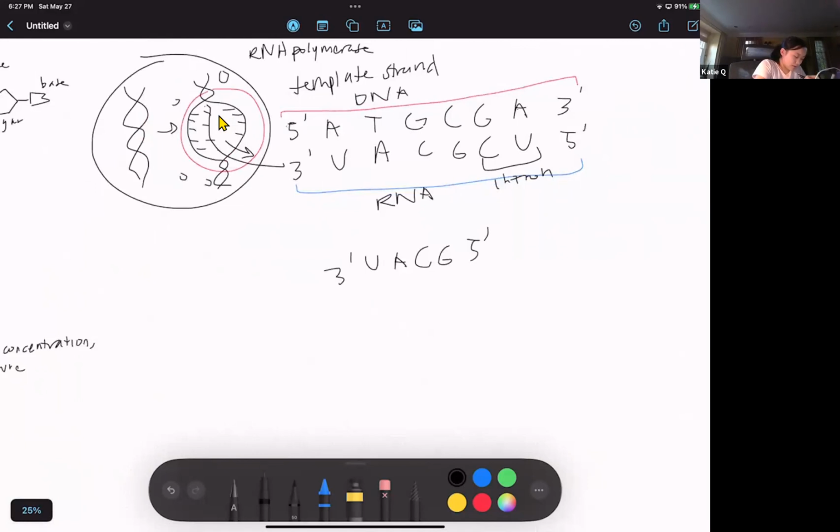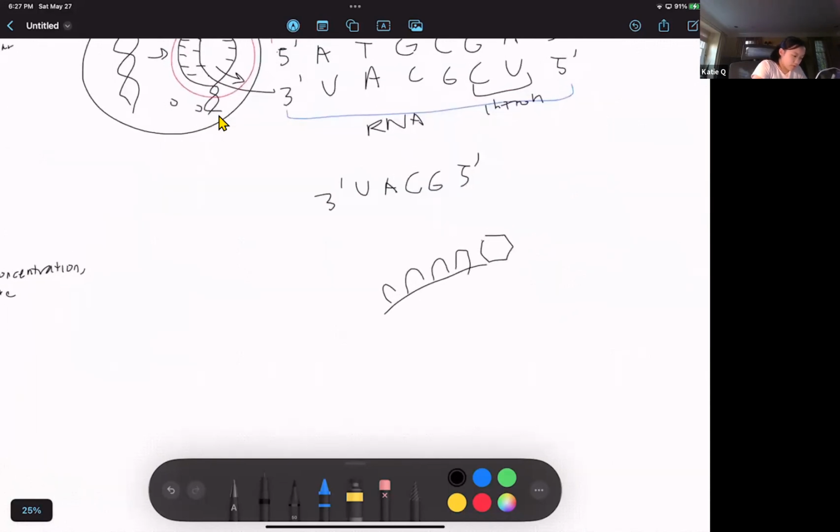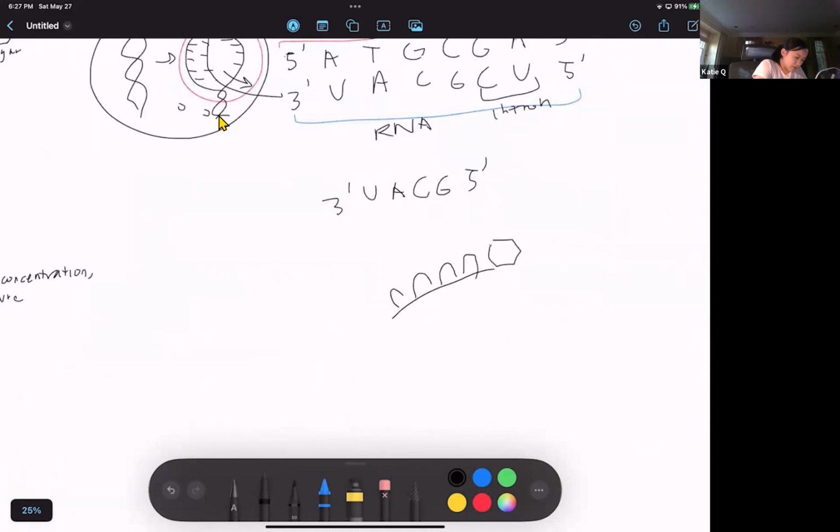When this is done, a methyl cap is going to be added to the 5' end, and you're going to have your bases. Then at the 3' end, you're going to add a poly A tail, which is just adenine over and over.